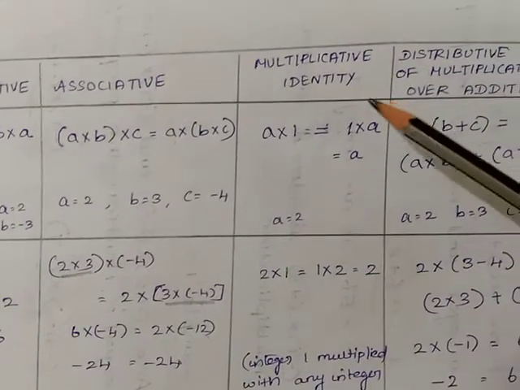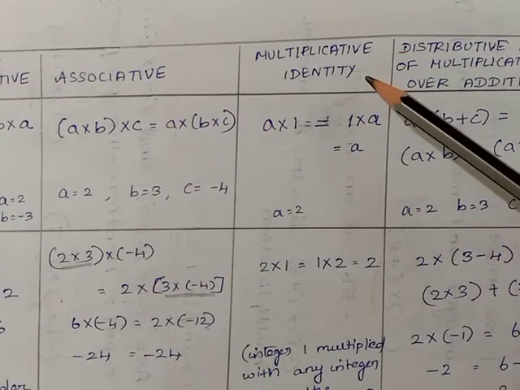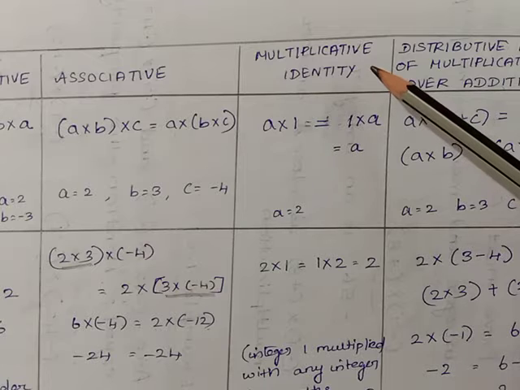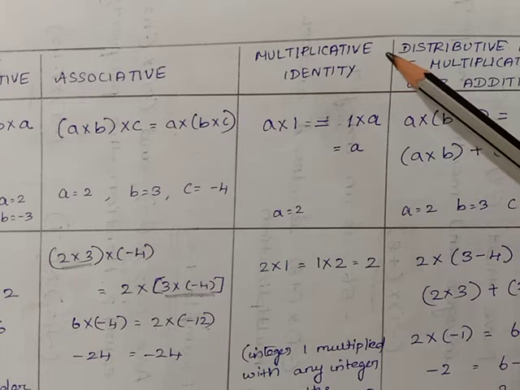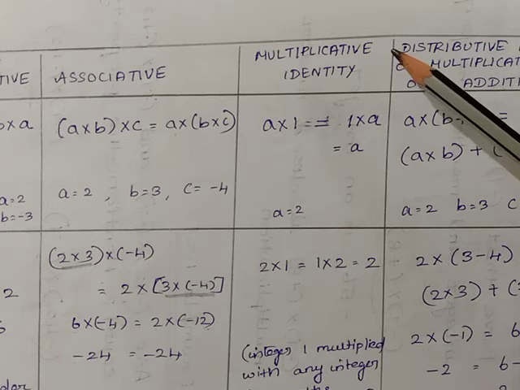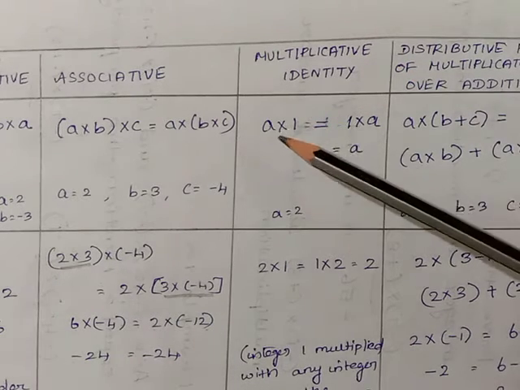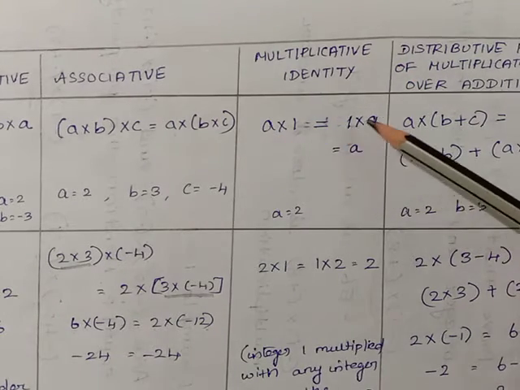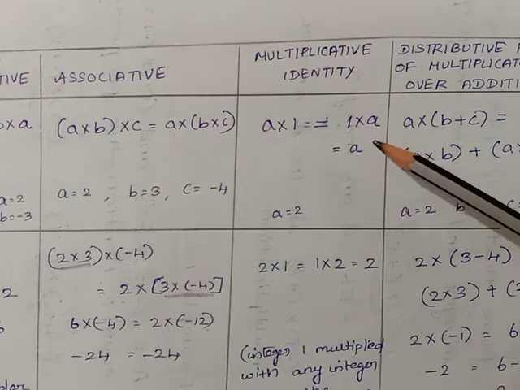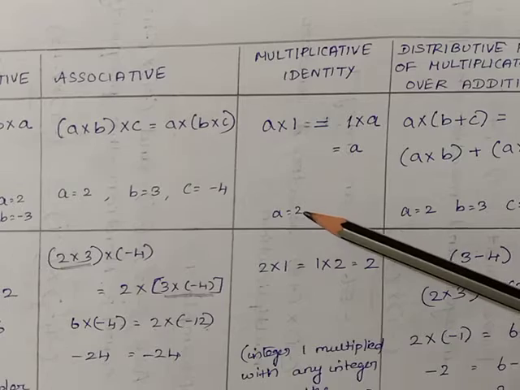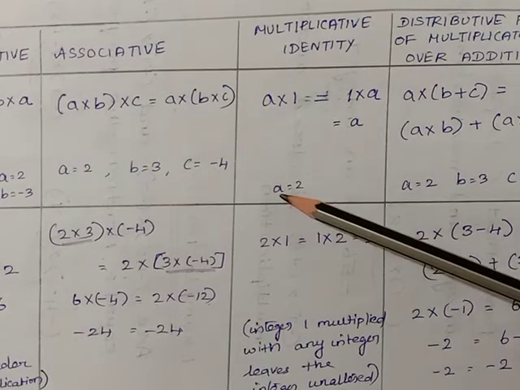So, next property is multiplicative identity. What is meant by multiplicative identity? You have to multiply 1 with any integer, and it leaves the same answer. For example, a into 1 is equal to 1 into a is equal to a itself. The integer stays the same. Now, let us take the value of a. Let it be 2.